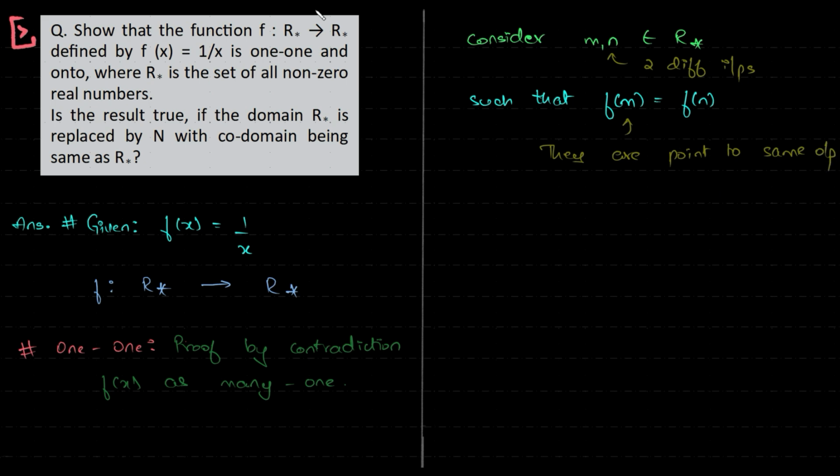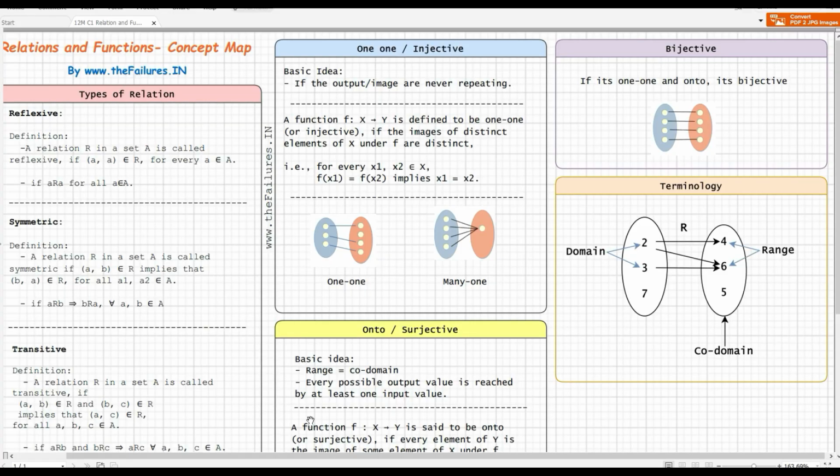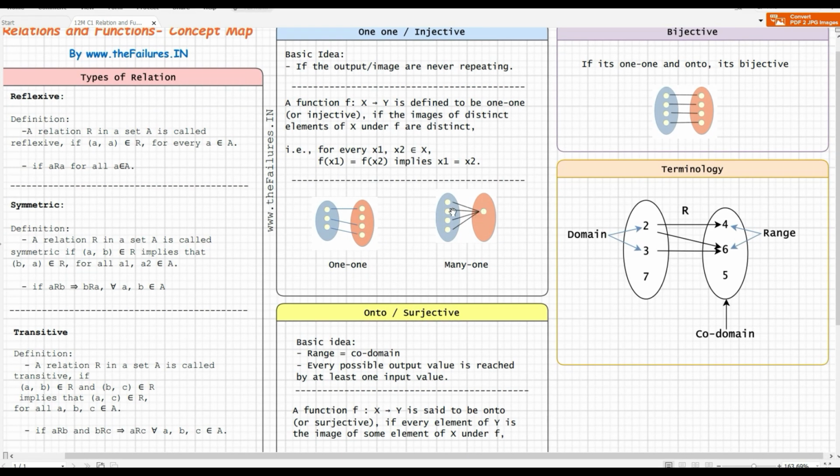OP stands for output. Okay, so we have the same output. Which scenario is this? We can see that it's many to 1. More than one single input pointing to the same output is many to 1.